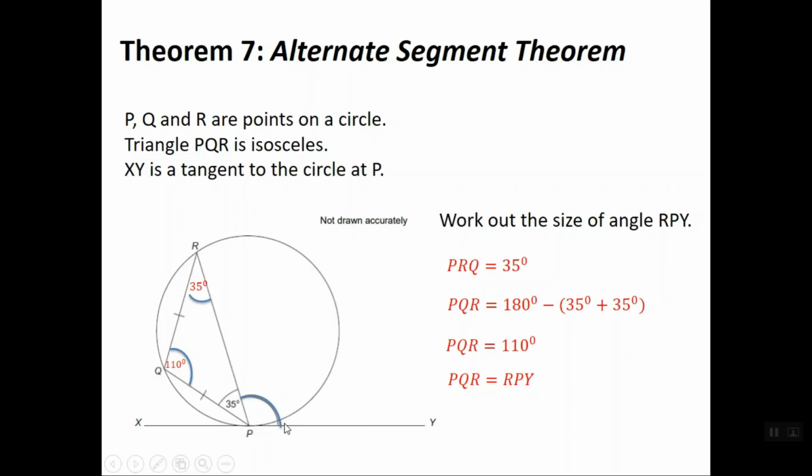Again, the angle that's formed between the tangent and the chord would be exactly the same as the angle inside the triangle on the opposite side, which is this 110 degrees. So therefore the angle I'm trying to find, which is RPY, is 110 degrees.